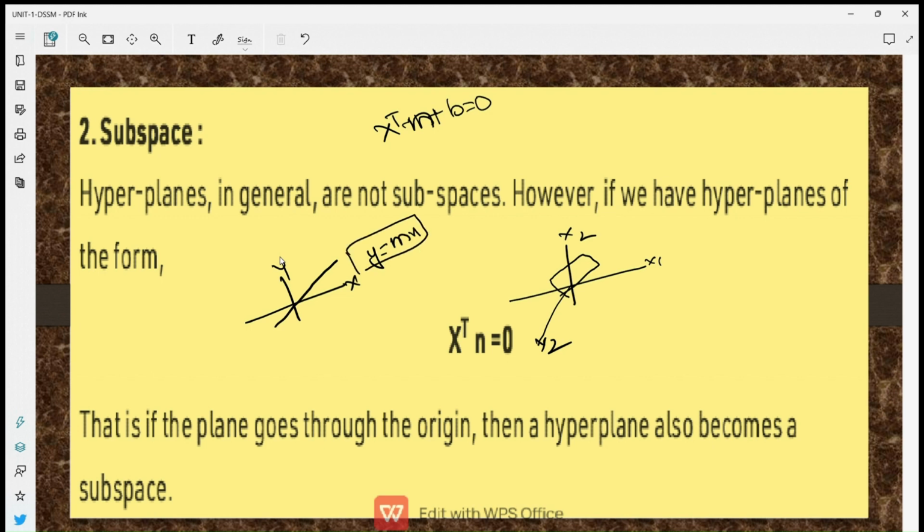That's why hyperplanes in general are not subspaces. However, if the hyperplanes are of the form x transpose n equals 0, where b is not there, that is, if the plane goes through the origin, then the hyperplane also becomes a subspace.